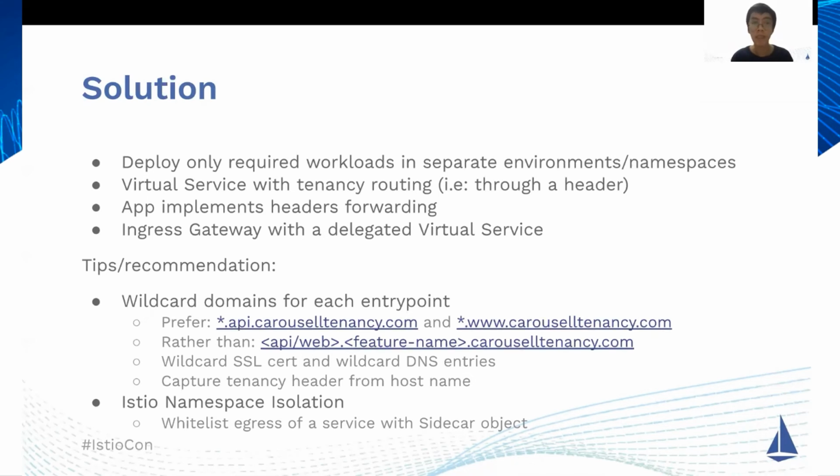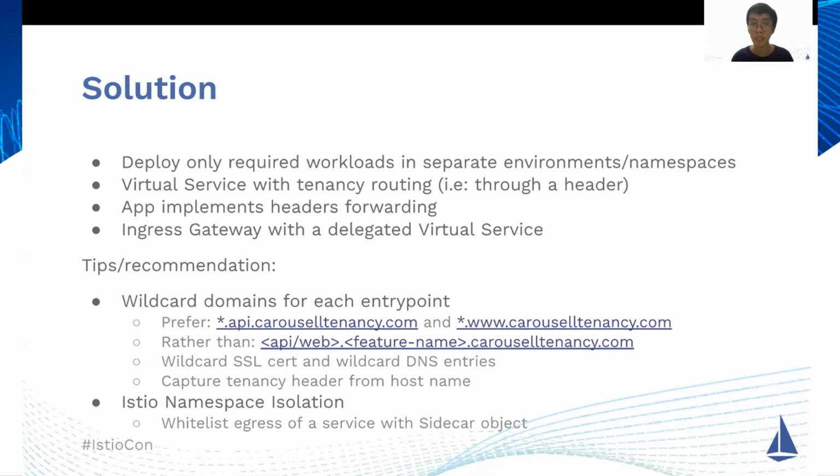A couple of tips or recommendations is to use wildcard domains for each of our entry points. So here we prefer *.api.carouseltenancy.com or *.www.carouseltenancy.com rather than api or www.featurename.carouseltenancy.com. Why? Because with the first format, we can set up a wildcard SSL certificate as well.